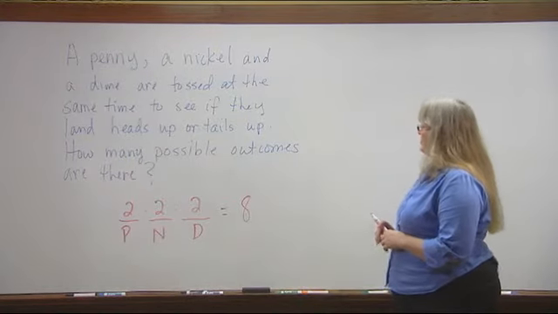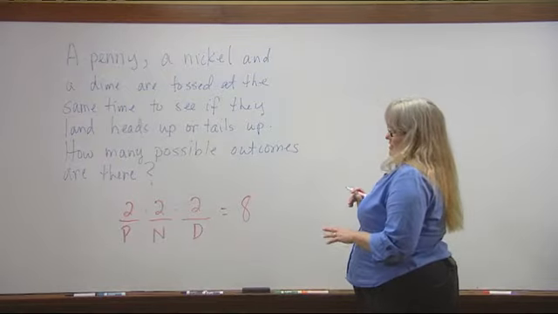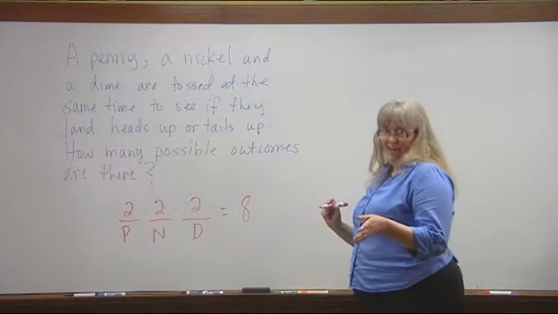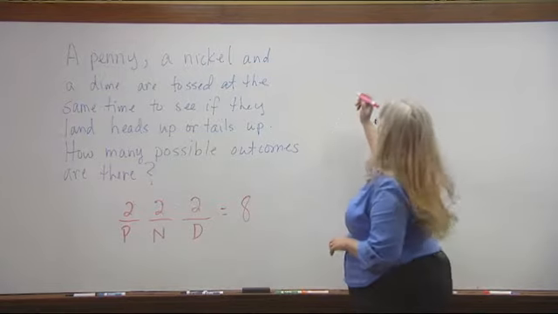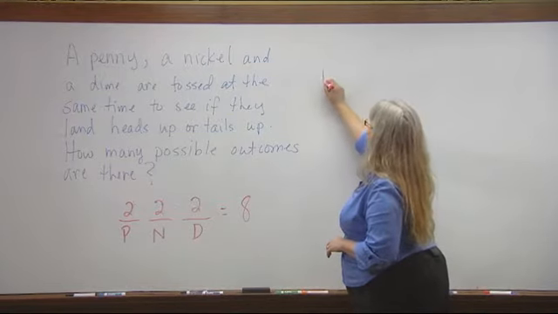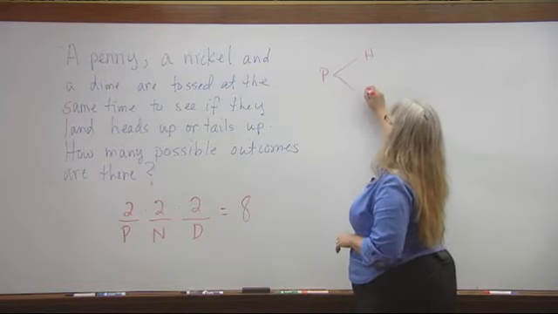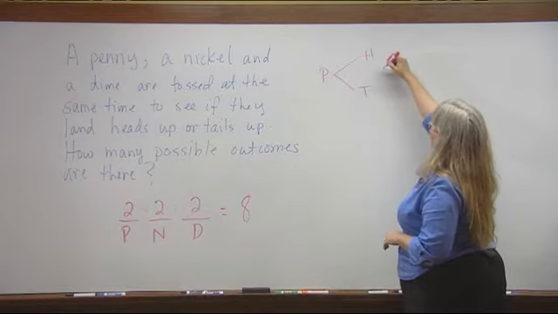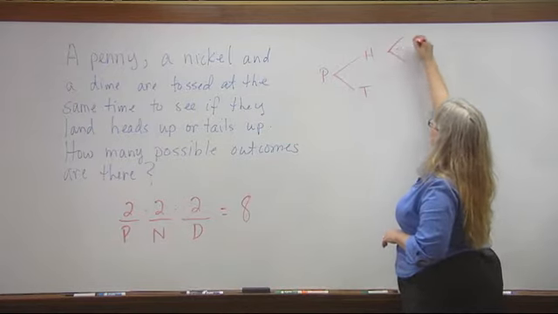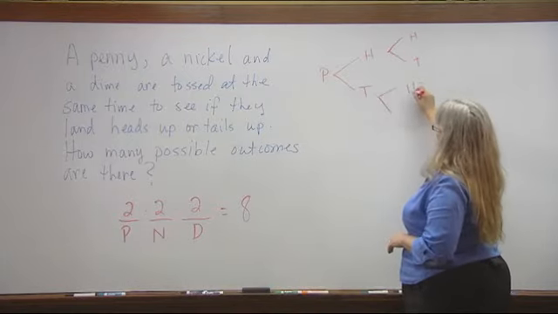Another way to think about this, and this is a technique that's going to help us later, is looking at a tree diagram. One thing we can do is say, okay, so if this is our penny, it could be heads or tails. Then if it was heads, the nickel could be heads or tails. And if it were tails, it could be heads or tails.